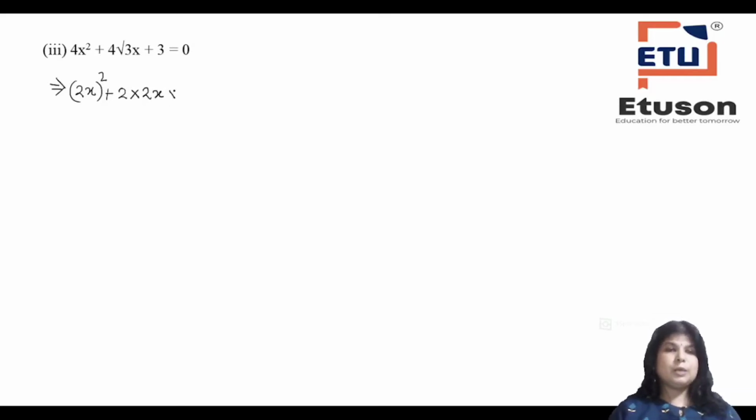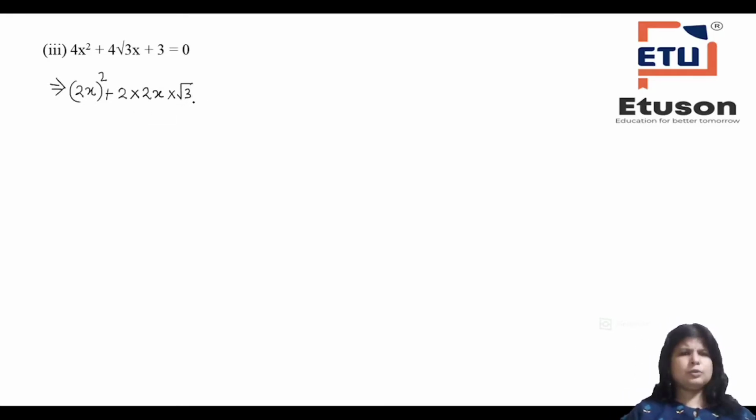So what should you multiply here in order to get the answer 4√3x? Here already you have 2 into 2x into √3. Do you need to divide anything with √3? No, because already you have 2 into 2, 4, 4 into √3. So in this case, what will be your b value? b will be √3.